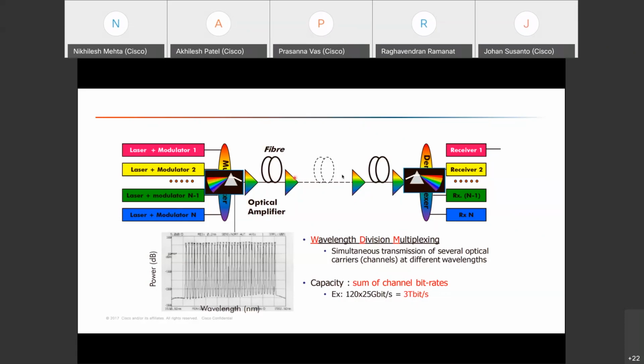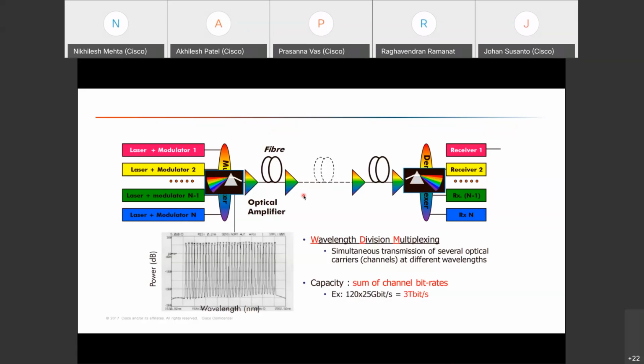At the receiver, I will use the demultiplexer to demultiplex all those wavelengths, and I will receive all the individual wavelengths separately, so I can send more data with higher capacity in the fiber.